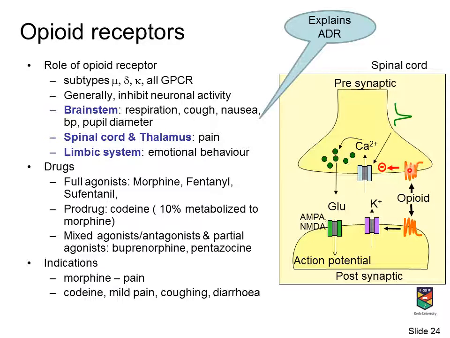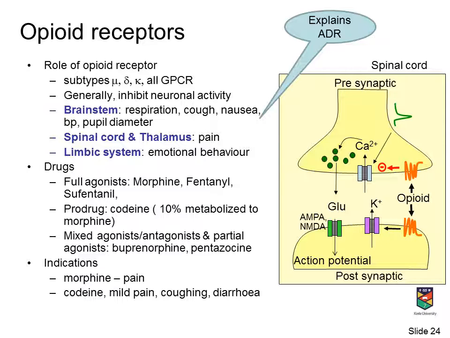But the opioid receptors can inhibit the activation of that calcium channel, so they block the calcium influx driving the neurotransmitter release. So the opiates can block presynaptic effects by blocking neurotransmitter release, and they can block postsynaptic signaling by causing membrane hyperpolarization. So in both cases, the opiates are working to prevent the pain signal being sent up the spinal cord.